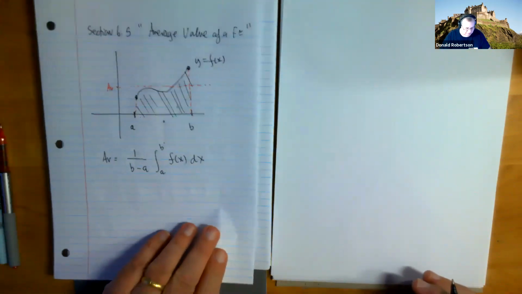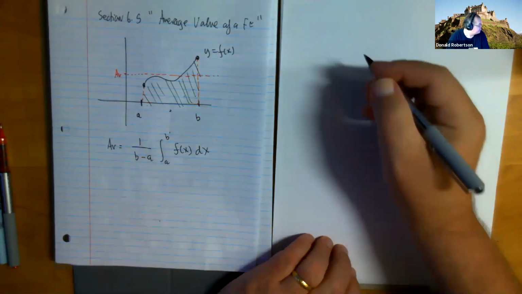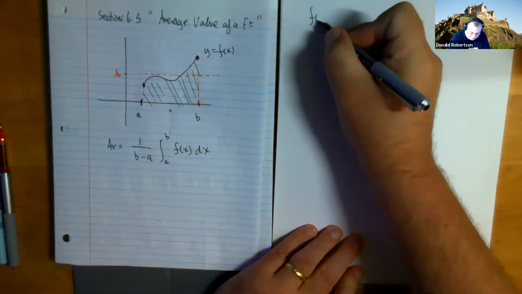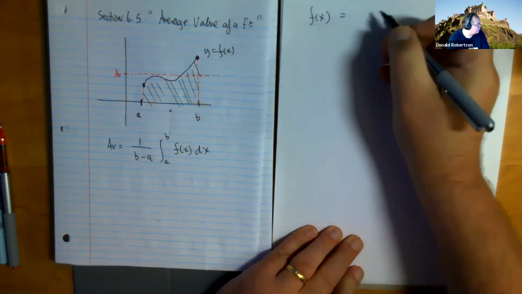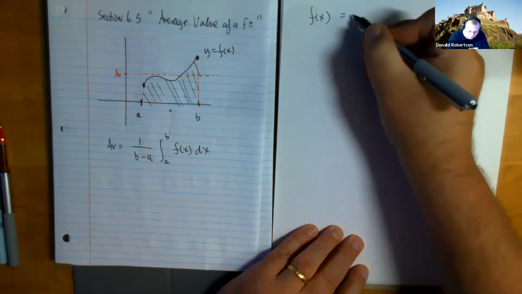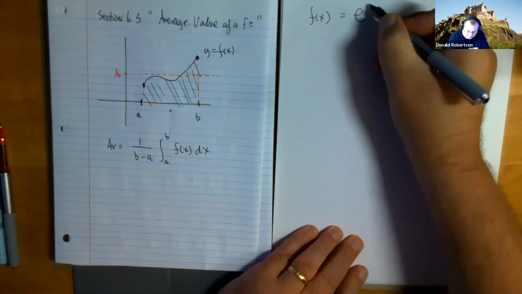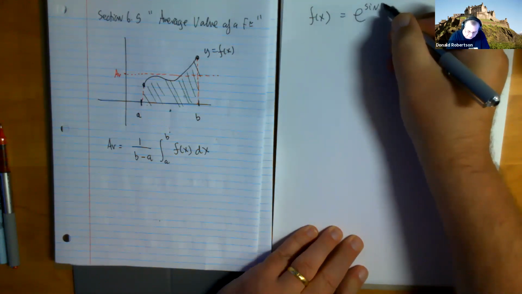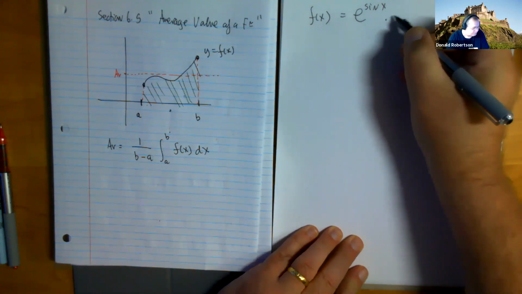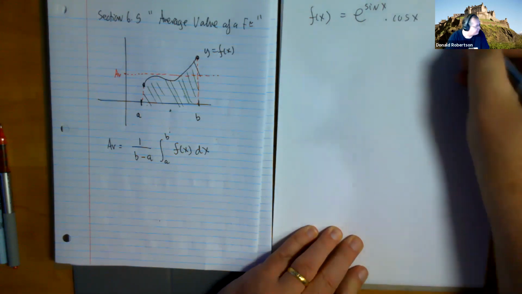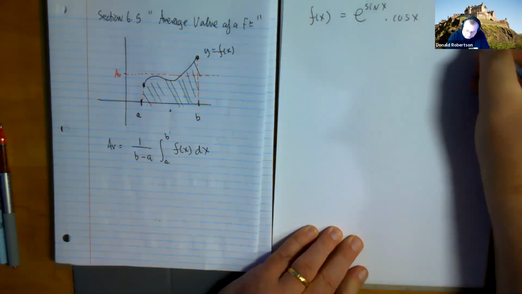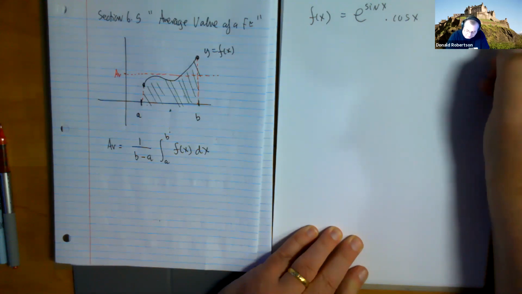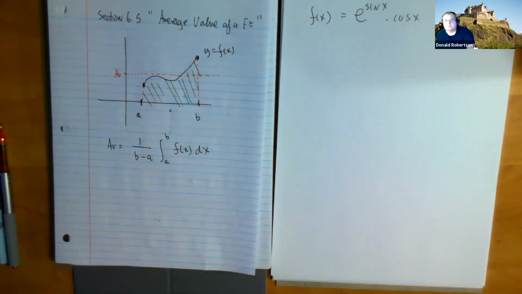Okay, since we're on interesting integration issues, here's our next one. I want to find the average value of e to the sine x times cosine of x, and I want to do it from 0 to pi upon 2.